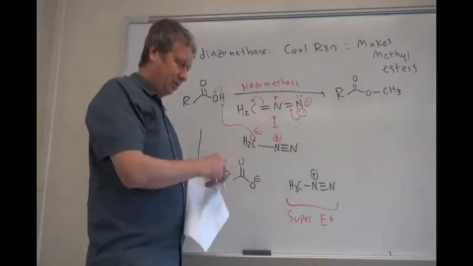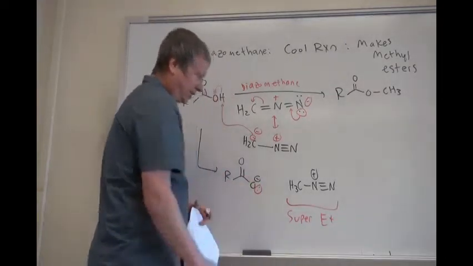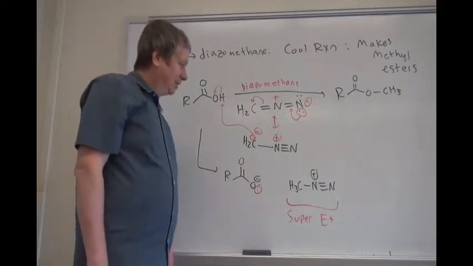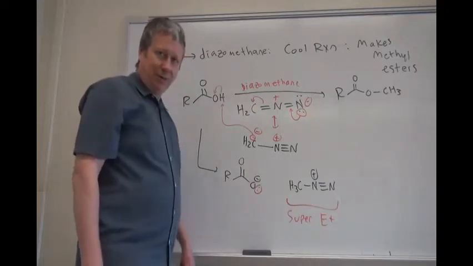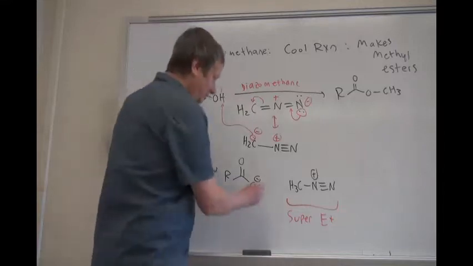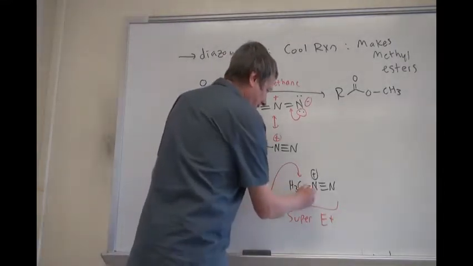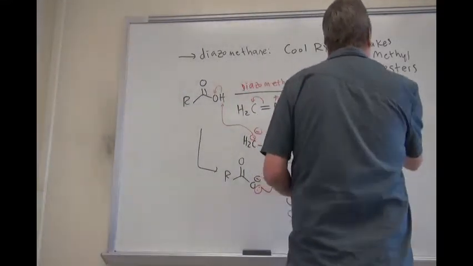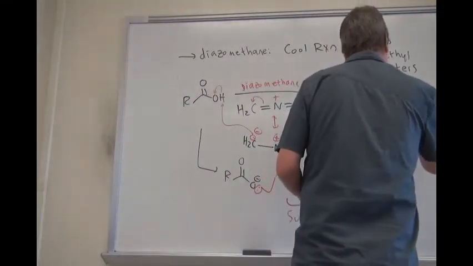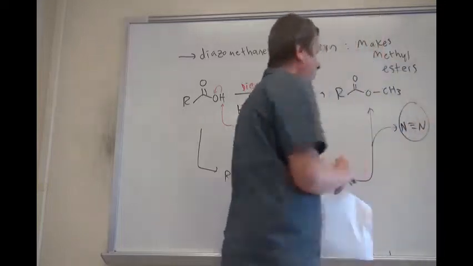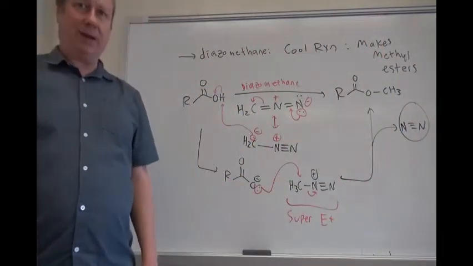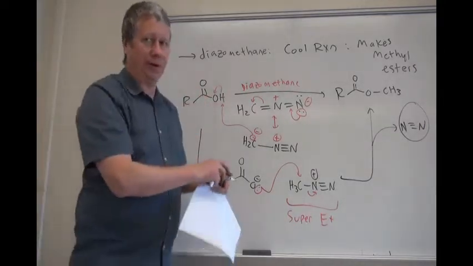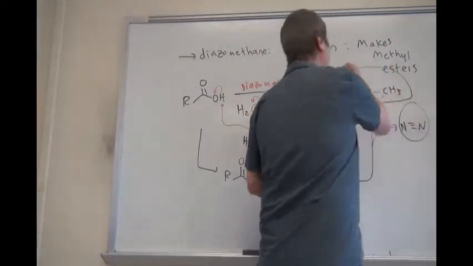And it's a super electrophile, just like now, rather than using DNA or something, we're doing this in the chemical reaction. So this just attacks, kicks off the N2, and you get your methyl ester. Okay? So that's pretty cool. And so as a chemical reaction, it's amazing because it very, very cleanly gives you a methyl ester.